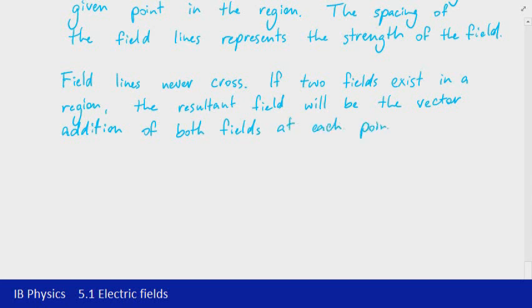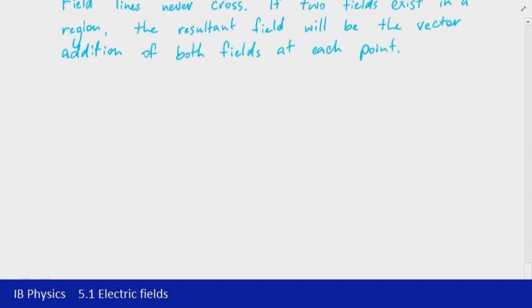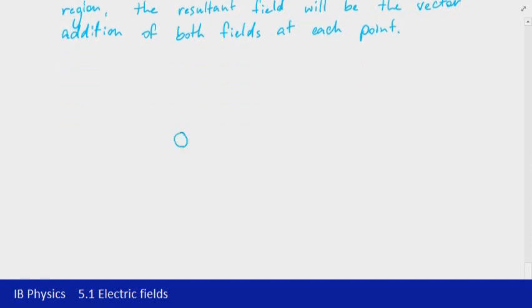So again, as a quick example, we've already seen that a positive charge has an electric field that's directed away from it. If we then had two positive charges, imagine again that we're looking at some point located, let's pick a random point over here somewhere. We know that the field from charge QA, so let's notate that as QA and this is QB, the field from QA will be directed away from that charge.